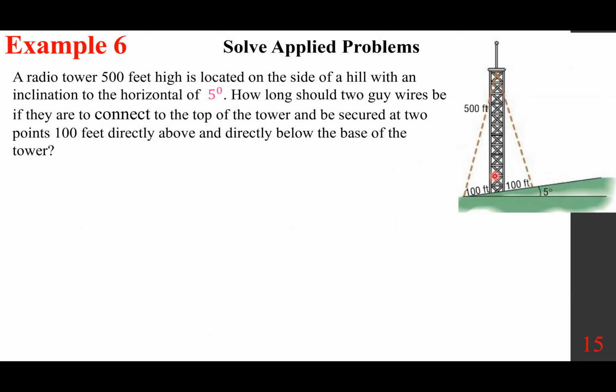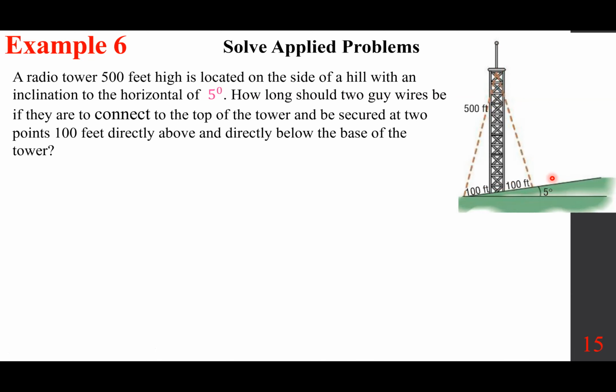So this is 500 feet. We have these two guy wires, 100 feet on each side, and the inclination is 5 degrees. We want to know this distance, how long this one will be, and how long this one will be.